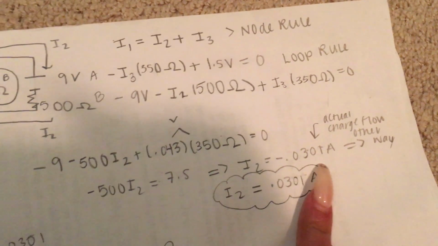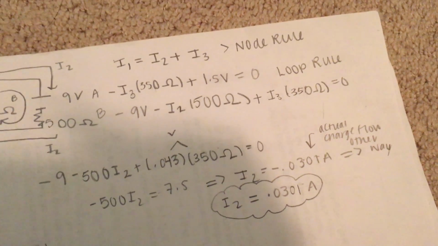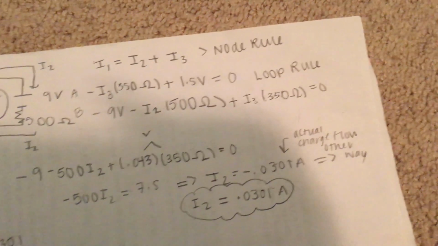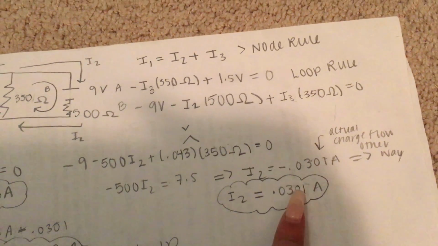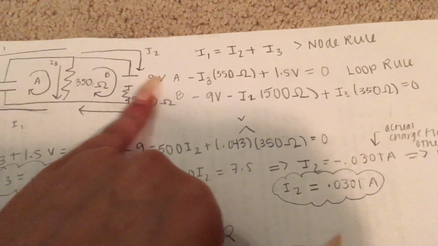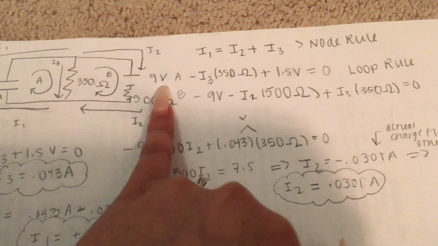And you might say, isn't current supposed to be positive? And I tell you, well, no, it doesn't have to be. This negative means that the actual flow of current is the other way. So instead of the current going this way, it's going this way.